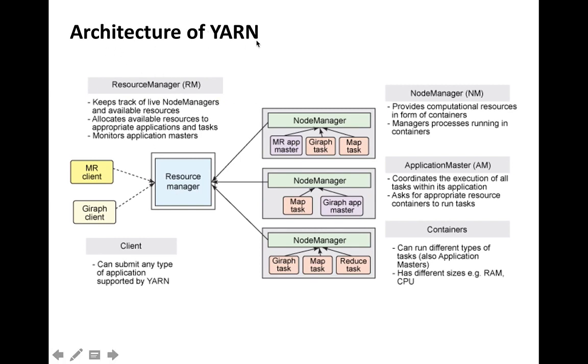So this shows the architecture of YARN. In the architecture of YARN, we have a resource manager. The resource manager is generally stored in the master node. Then we also have node managers. There is a bunch of node managers, generally stored in the data nodes, that means they are stored in the slave nodes.